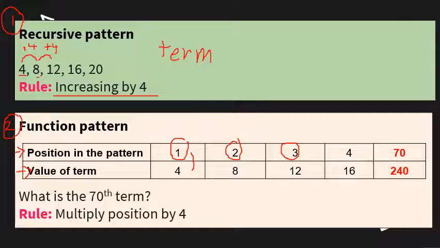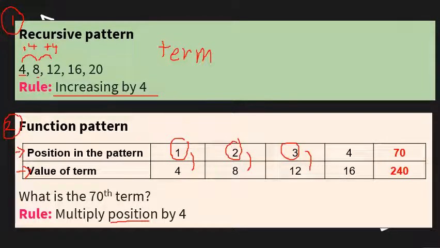What's the relationship between 2 and 8, 3 and 12? And I can see here, well, 1 times 4 is 4, 2 times 4 is 8, and so on. So a rule for this pattern could be to multiply the position in the pattern by 4.